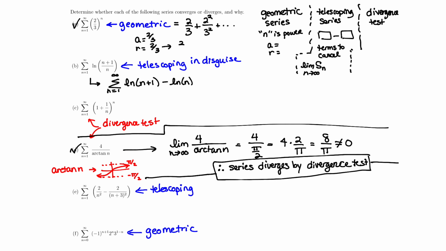Since 2/3 is less than 1, this geometric series converges. On the test, you're going to want to solve what it converges to. Yep, on the test you'll be solving what it converges to.